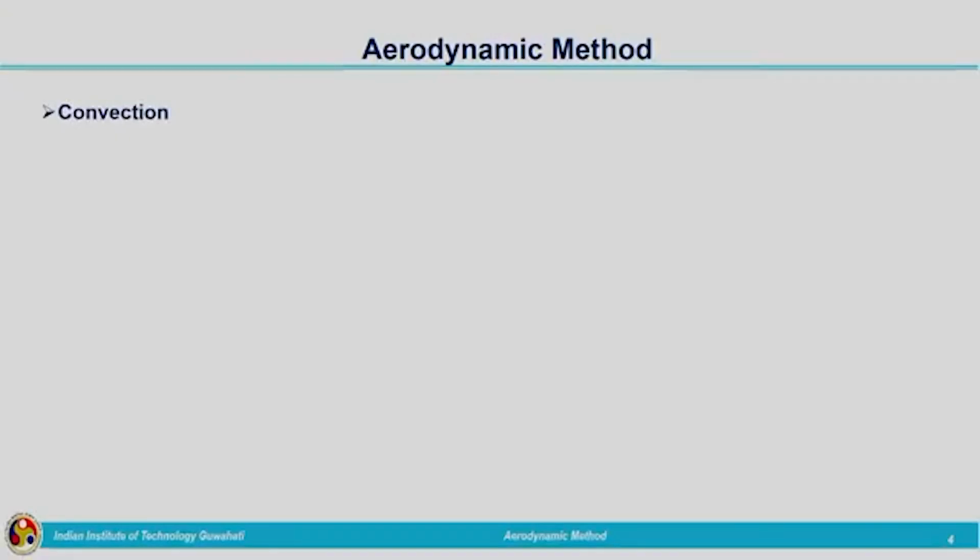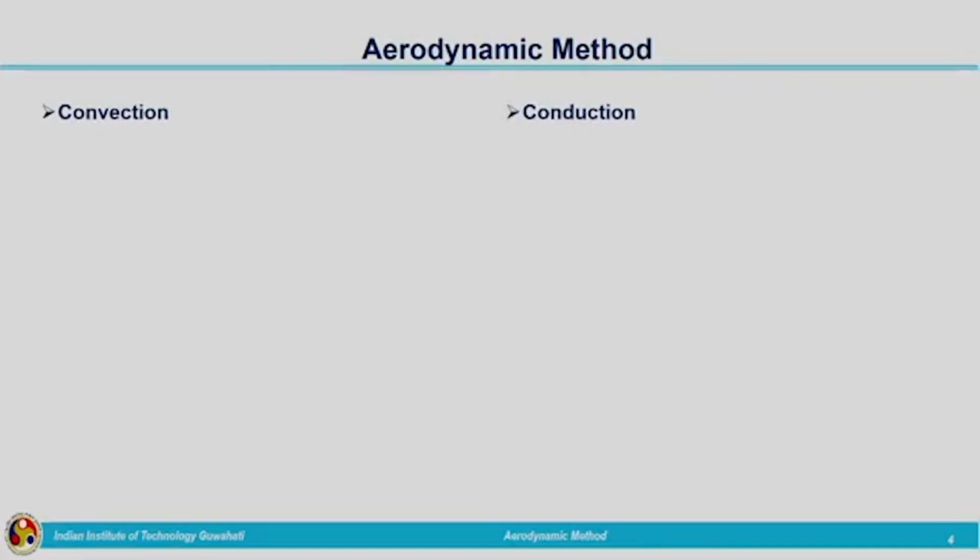So, these are the principles which we are supposed to know while deriving this equation. Two different transport mechanisms I am explaining here, and the mechanism which we will be utilizing here, by which the vapor transport is taking place, is convection. So, two different transport processes are convection and conduction.